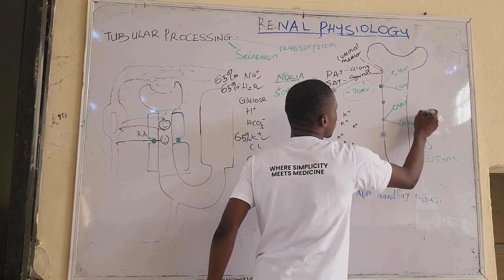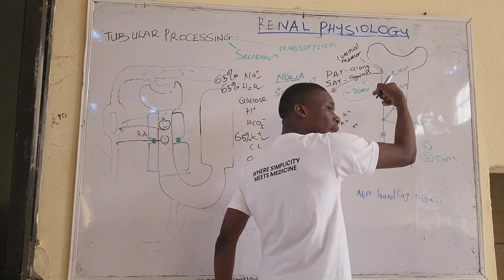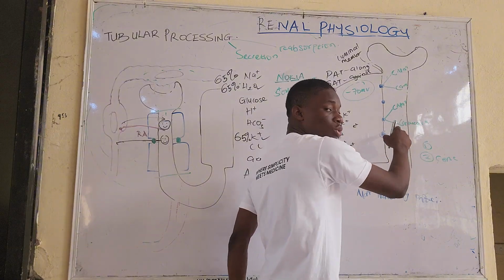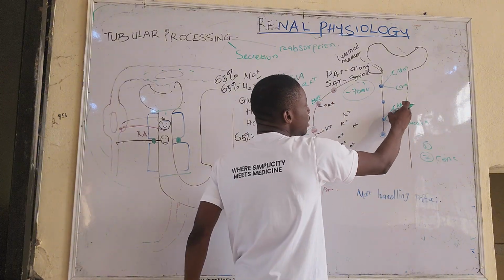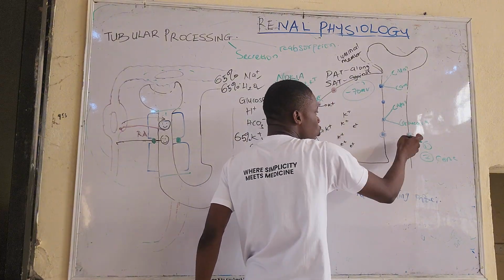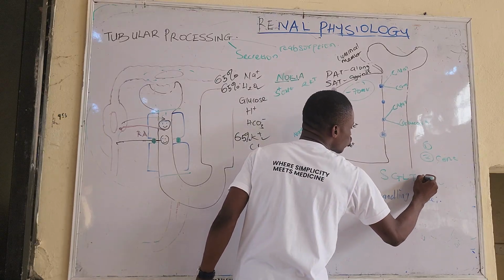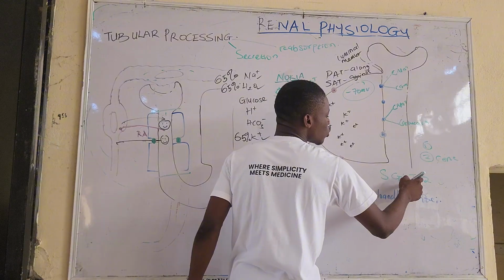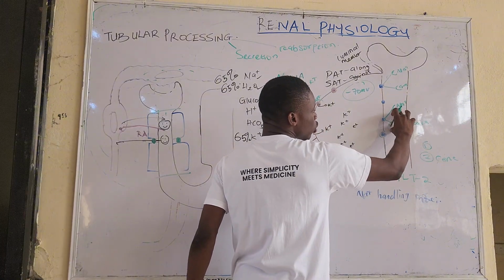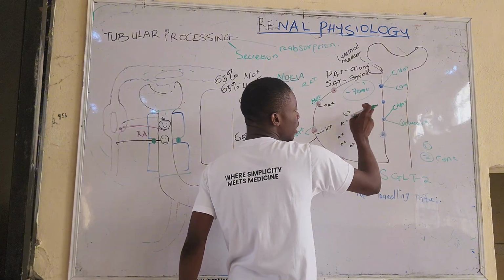So now there is one carrying sodium and amino acid, and another one carrying sodium and glucose. Is it clear? This pump carrying sodium and glucose is called sodium glucose transporter 2, which carries sodium and glucose from the lumen of the tubule into the cell.